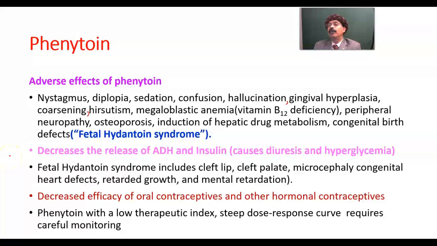It may also cause vitamin D deficiency that may lead to osteomalacia. Another adverse effect is congenital birth defect, which we call fetal phenytoin syndrome. The features of fetal phenytoin syndrome include cleft lip, cleft palate, microcephaly, congenital heart defect, retarded growth, and mental retardation.